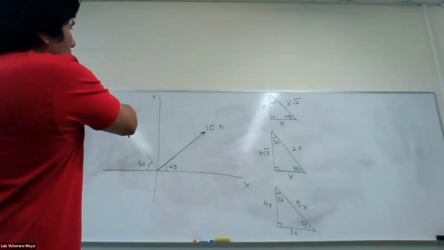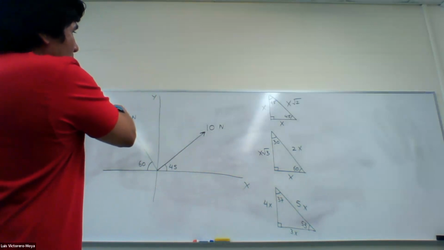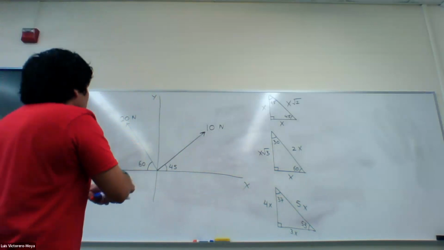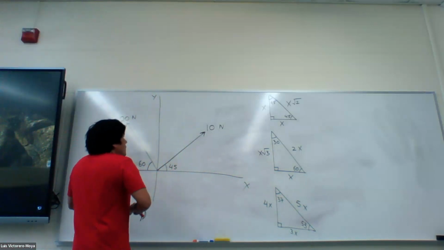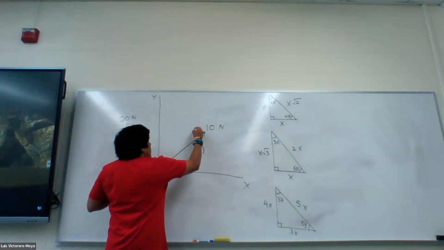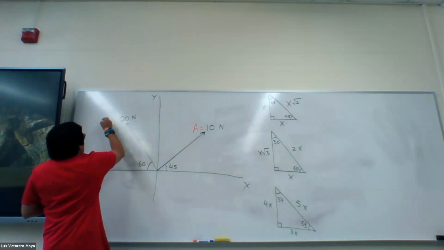So how do I break the vectors into components? And how do I find the addition of this A and B?